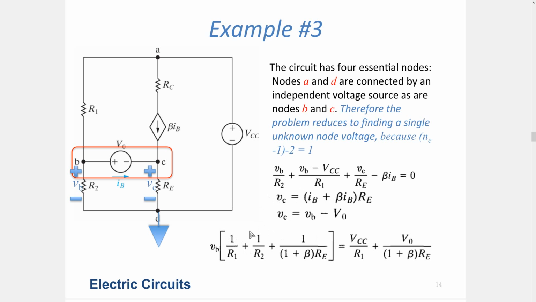So basically with the help of the supernode, the problem is reduced because we reduce the number of nodes. As you know, we need to create as many equations as the number of nodes in order to solve the circuit uniquely. So the supernode actually is helping us to save some time.